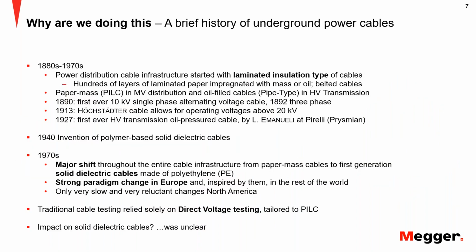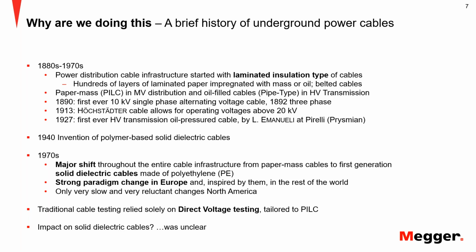So now, why are we doing this? There is a historical component to all of this cable testing. And one aspect is, how has the cable infrastructure changed over time? First of all, we started 140 years ago, 150 years ago, if you want to push it, with underground cabling.